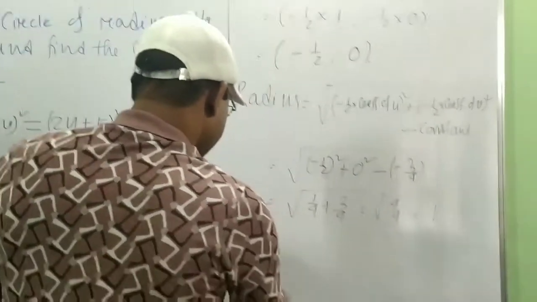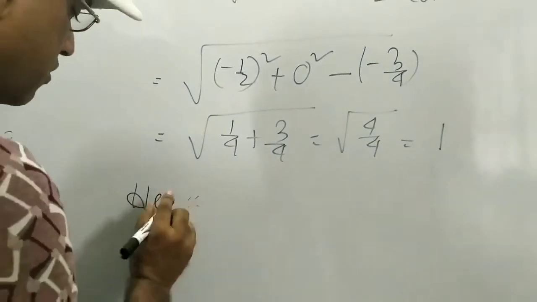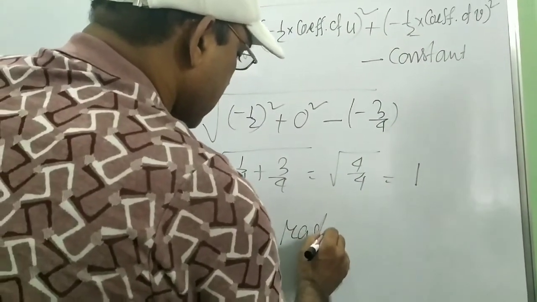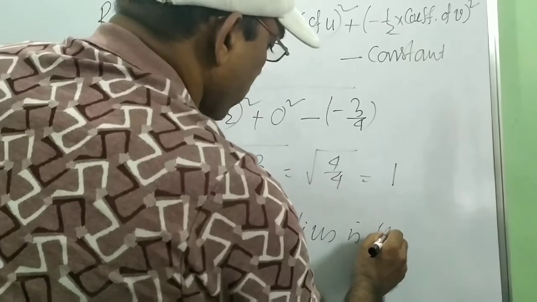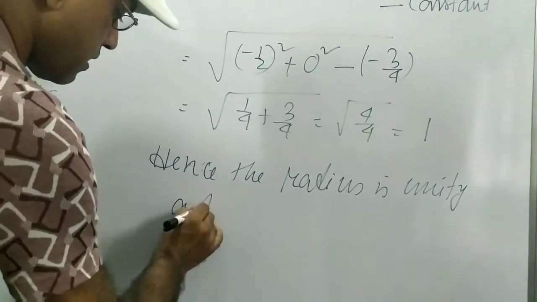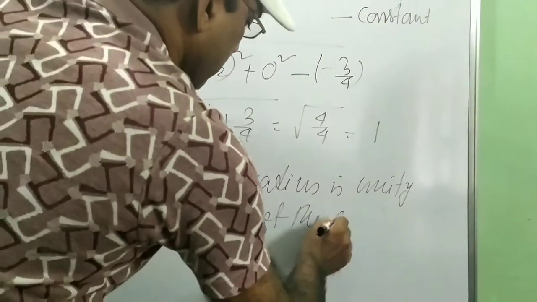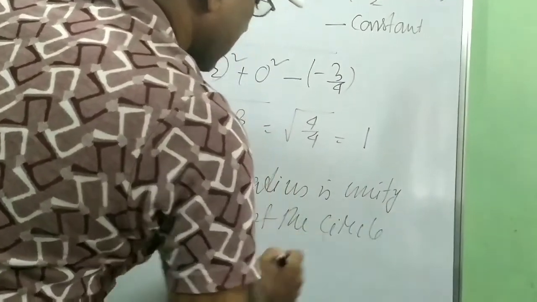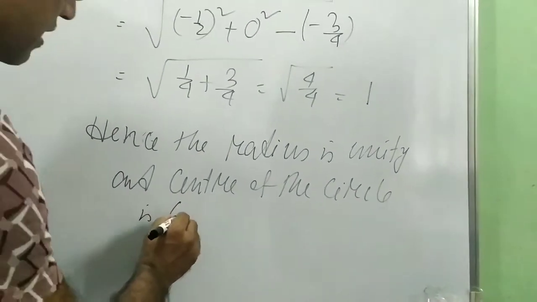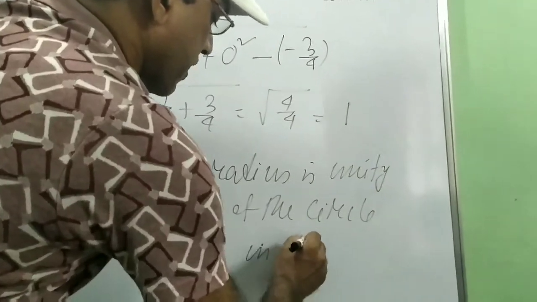Hence the radius is unity and the center of the circle is minus half, 0 in the W plane.